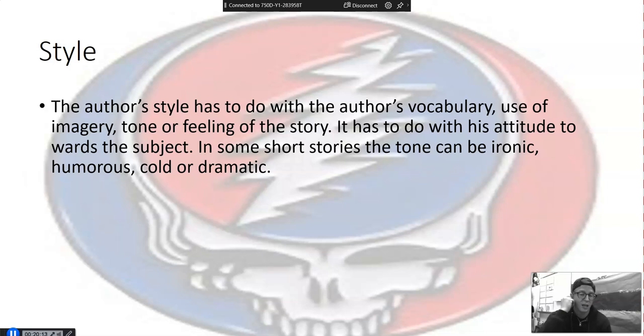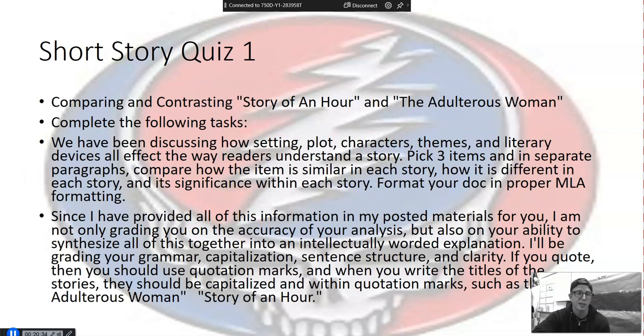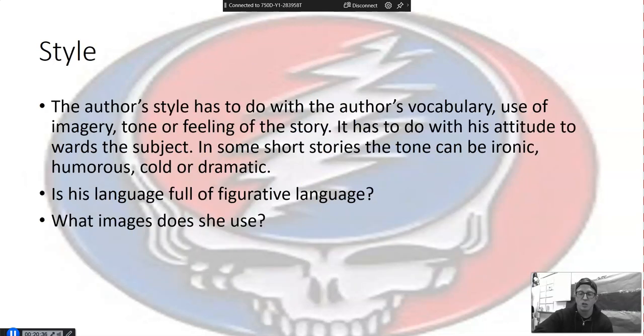In both of these stories there was very little dialogue, but the next two stories we're going to read are 90% dialogue. In some short stories, the tone can be ironic, humorous, cold, dramatic. Is it full of figurative language, literal language, curse words? All that kind of good stuff.